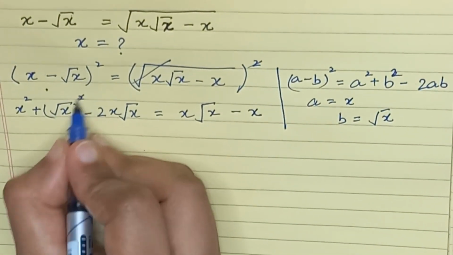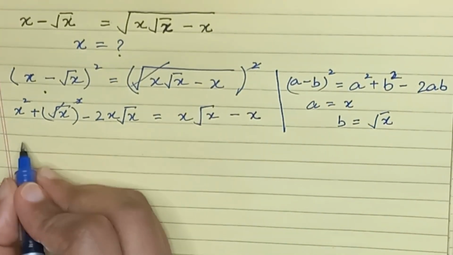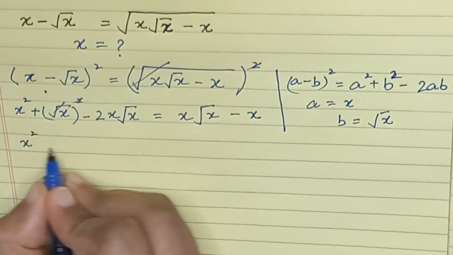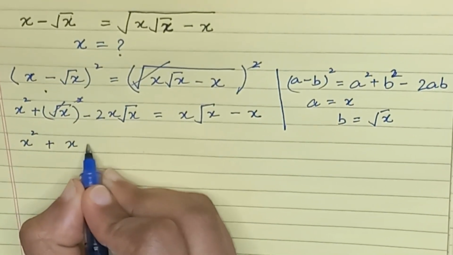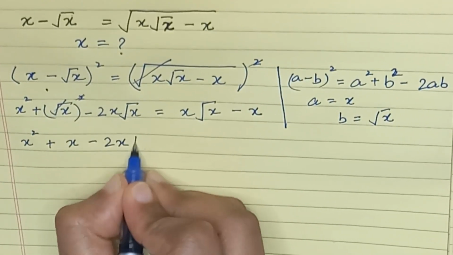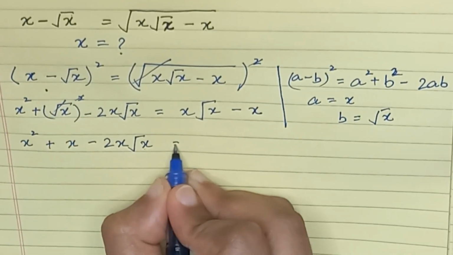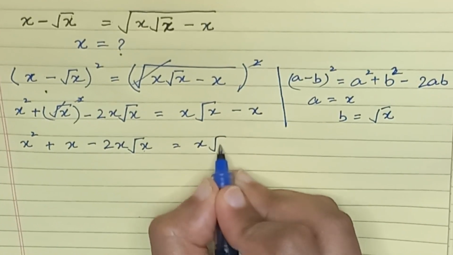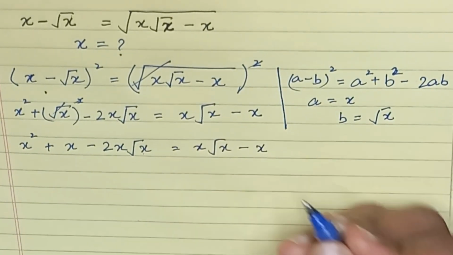Now the square and square root will cancel out, so it will become x square plus x minus 2 times x into square root of x, which is equal to x square root of x minus x.